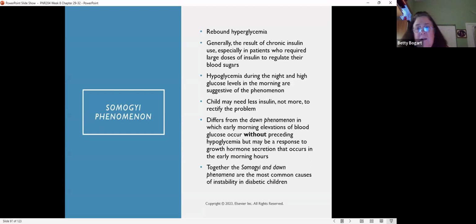This is what we want. Now, dawn phenomenon is with early morning elevations without any hypoglycemia at all. So these are two words. It has to do with diabetes type 1 in children, and it's that instability that you do see.